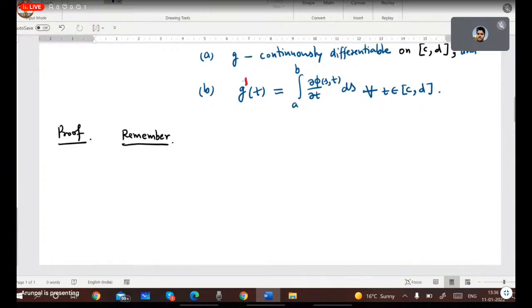Remember the following things. Point number one.